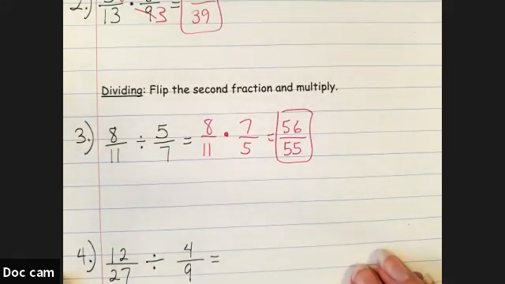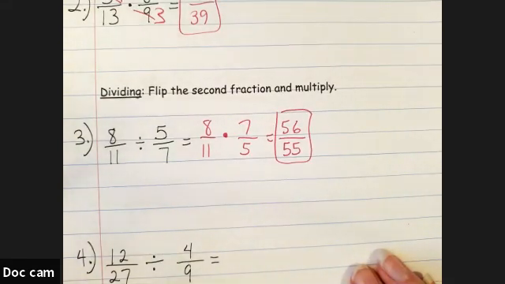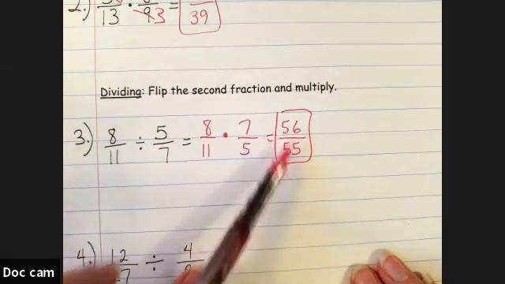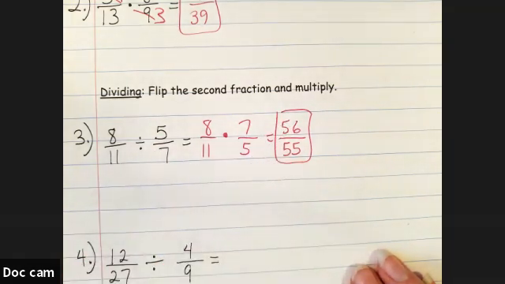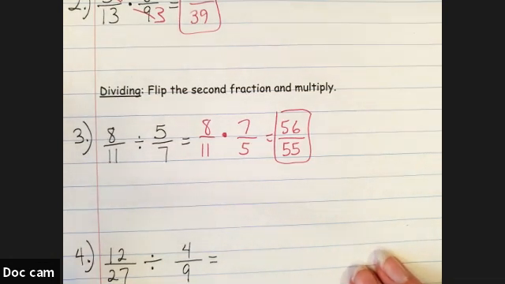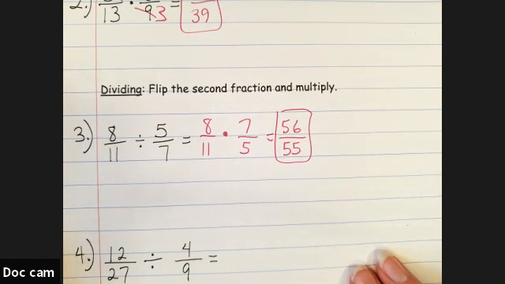You'll notice that in this case, our answer was an improper fraction. We have 56 over 55. We're just going to leave it like that. We don't want to change it to a mixed number because improper fractions are just easier to work with.